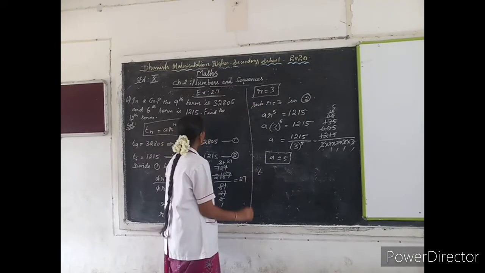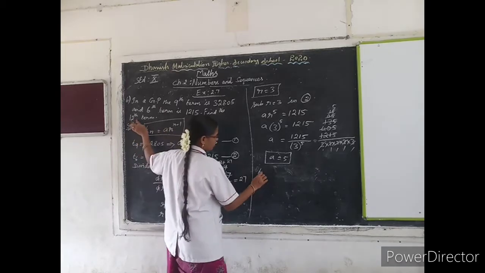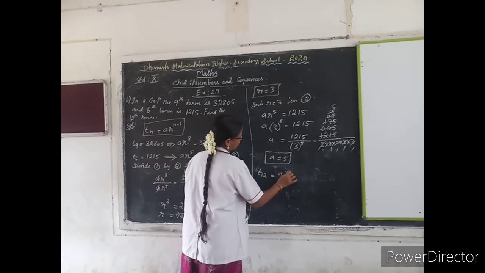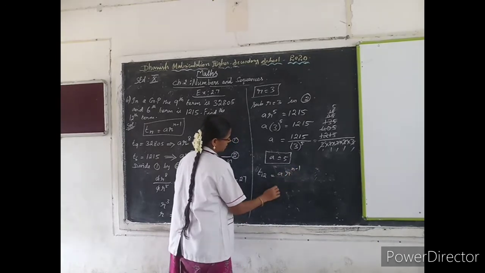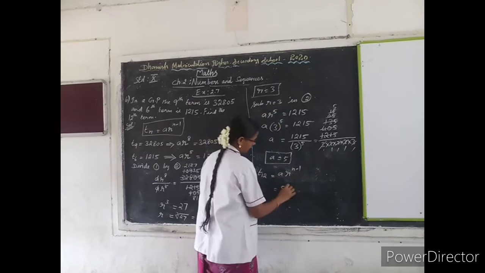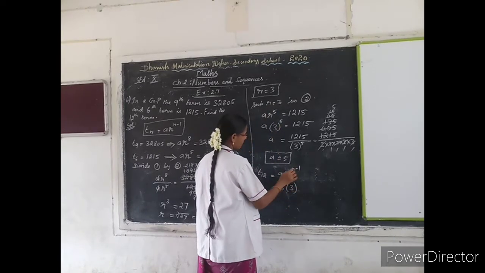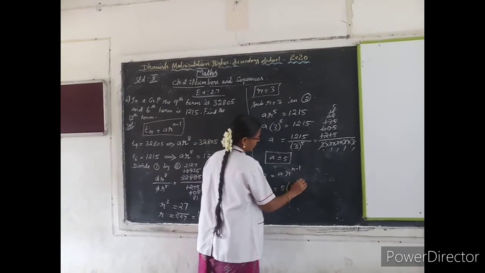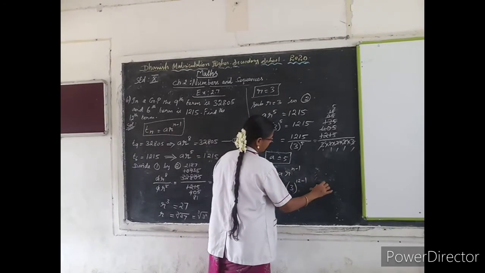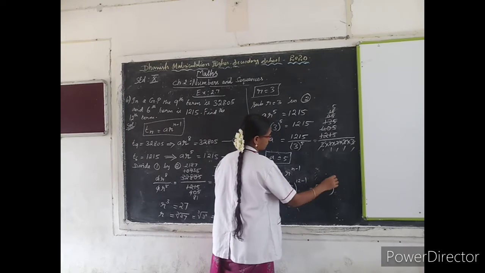We want to find T12. T12 is equal to A R power n minus 1. Our A is 5, R is 3, and n is 12. So 12 minus 1. 5 into 3 power 12 minus 1, which is 11.